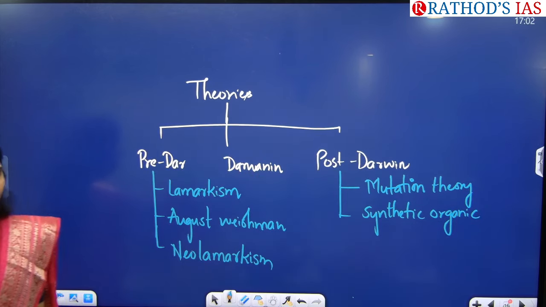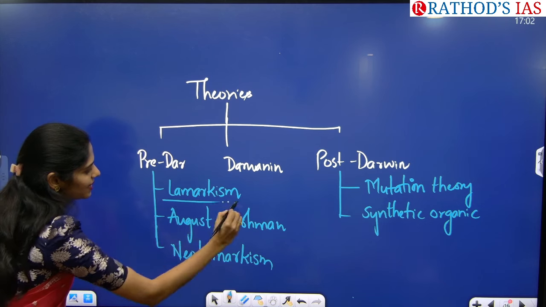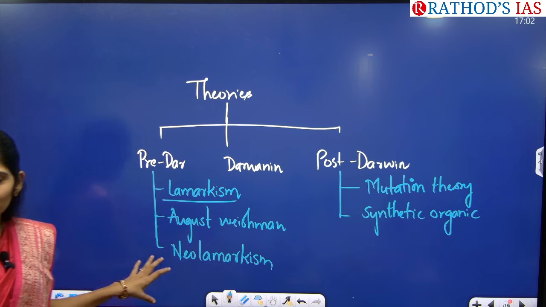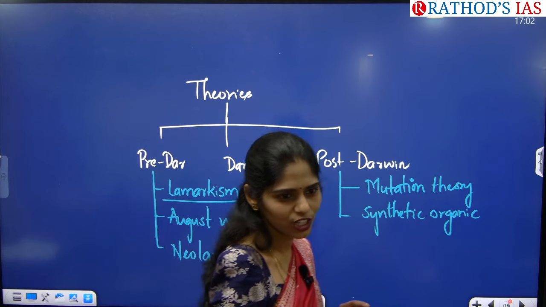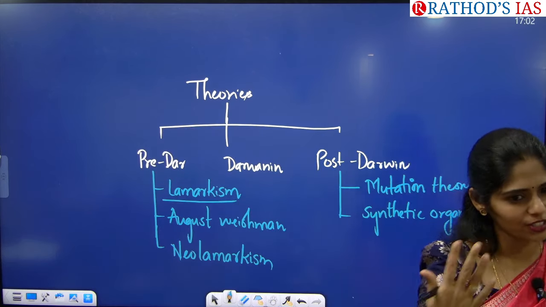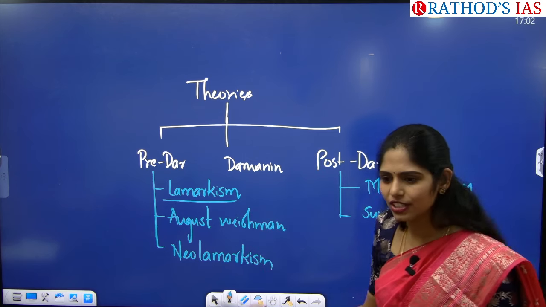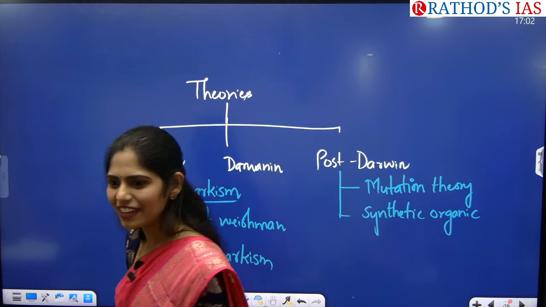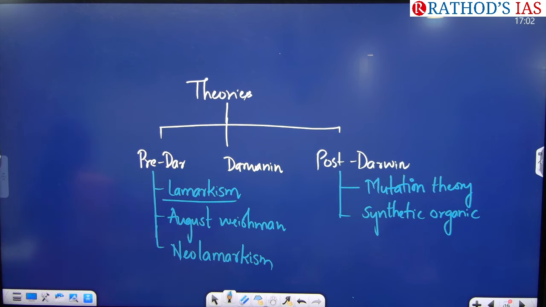Okay. So what is Lamarckism? I think you might have studied it in your 10th class, if I'm not wrong. If you are from state syllabus or central syllabus, you will study these theories in your science. Do you have any idea regarding Lamarck? Have you heard these names at least? Lamarck, August Weismann, Neo-Lamarckism. Can I give one hint?